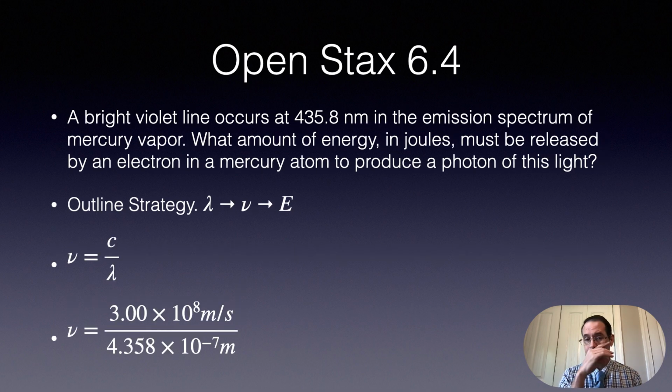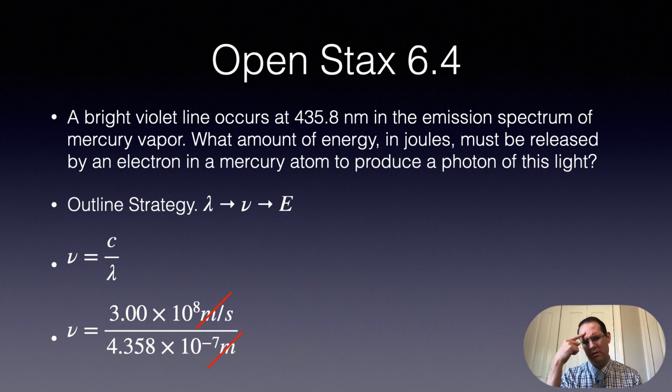The speed of light, rounded off here, is 3.00 times 10 to the 8th meters per second. I like to round it off because it's easy to remember. And then we divide by the wavelength, which we calculated earlier. This is such and such times 10 to the minus 7 meters. And if you look carefully, the meters on top cancel with the meters on bottom.